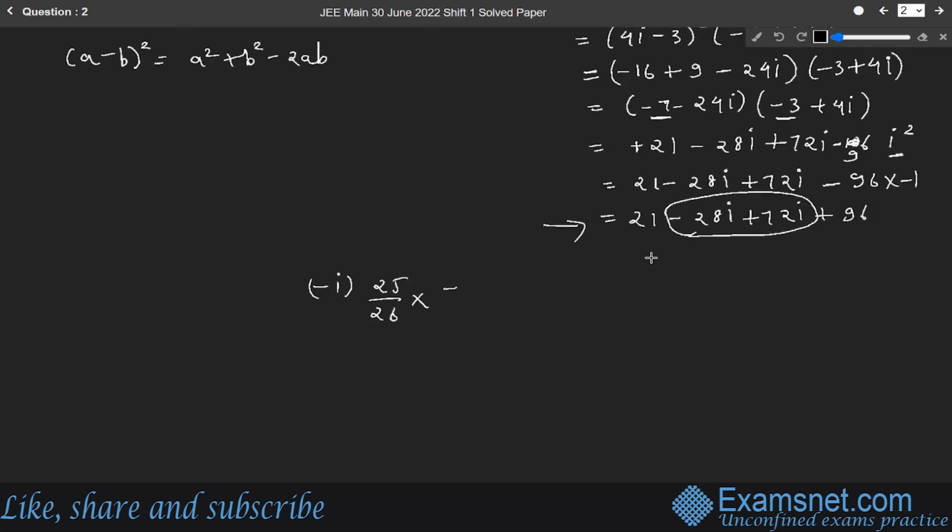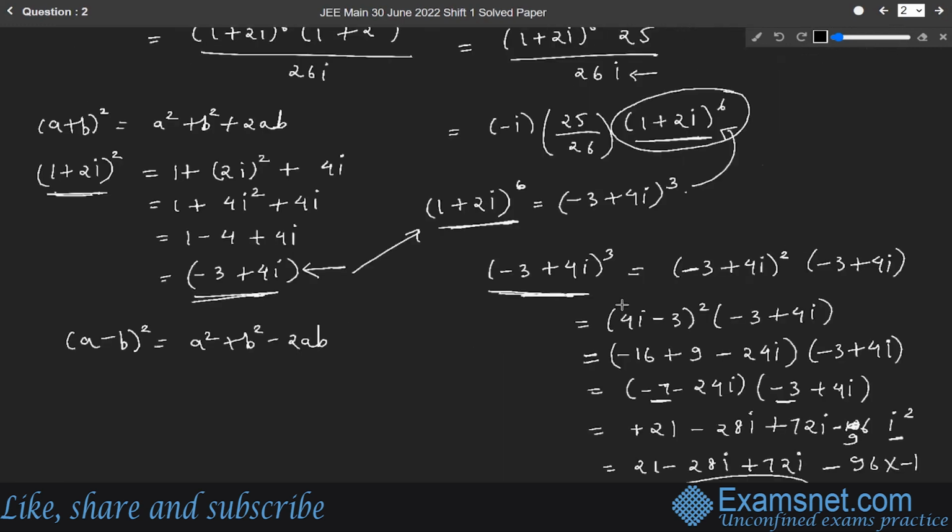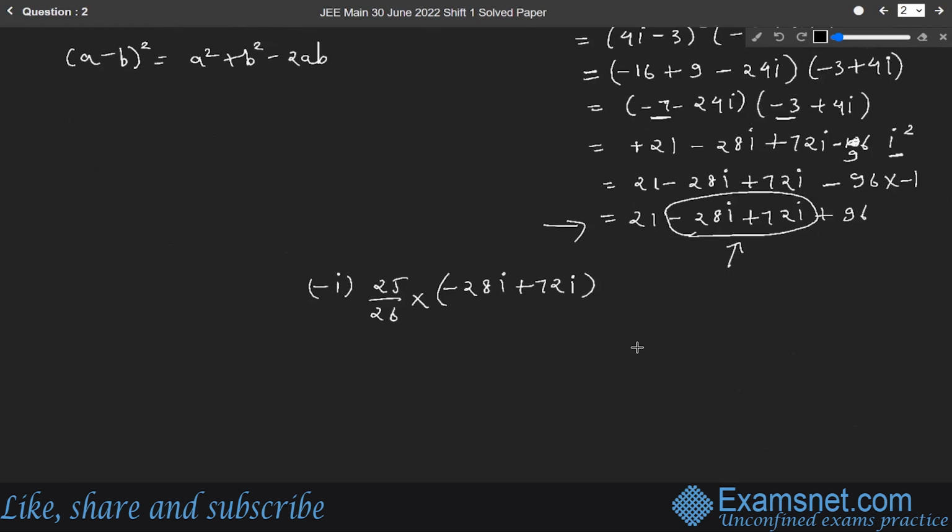What is the value? Minus 28i plus 72i. Remember that we have to only take this value and exclude the constants here. And why are we writing it in multiplication with minus i into 25 upon 26? Because the value of (1 + 2i) power 6 is minus 28i plus 72i.